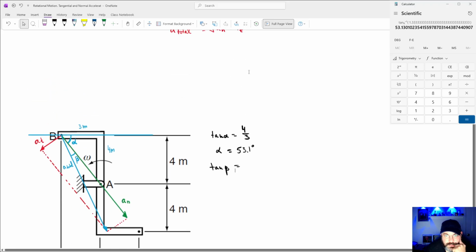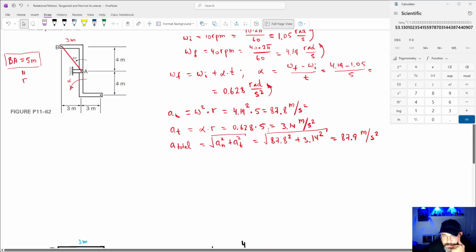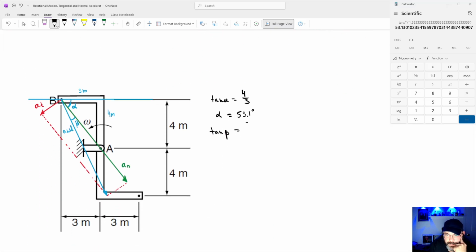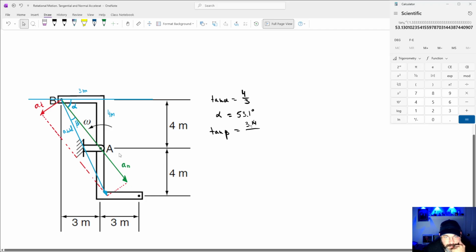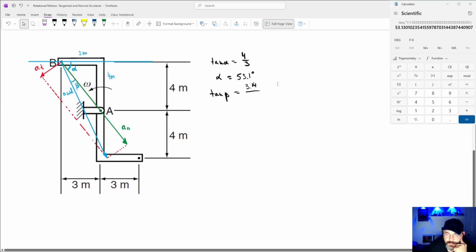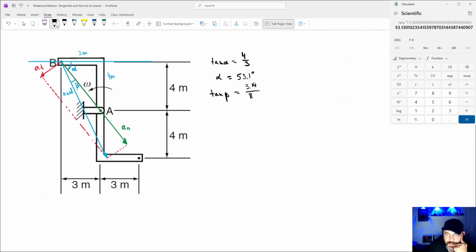And then, sorry, beta. The tangent of angle beta is equal to tangential divided by normal. Tangential is what? Tangential is 3.14, right? Divided by normal, which is 87.8, right? So 87.8.